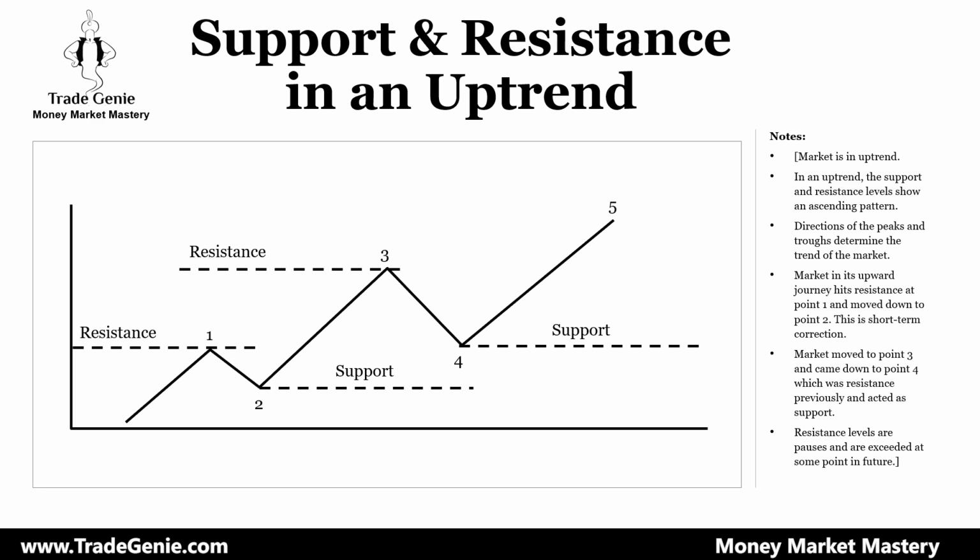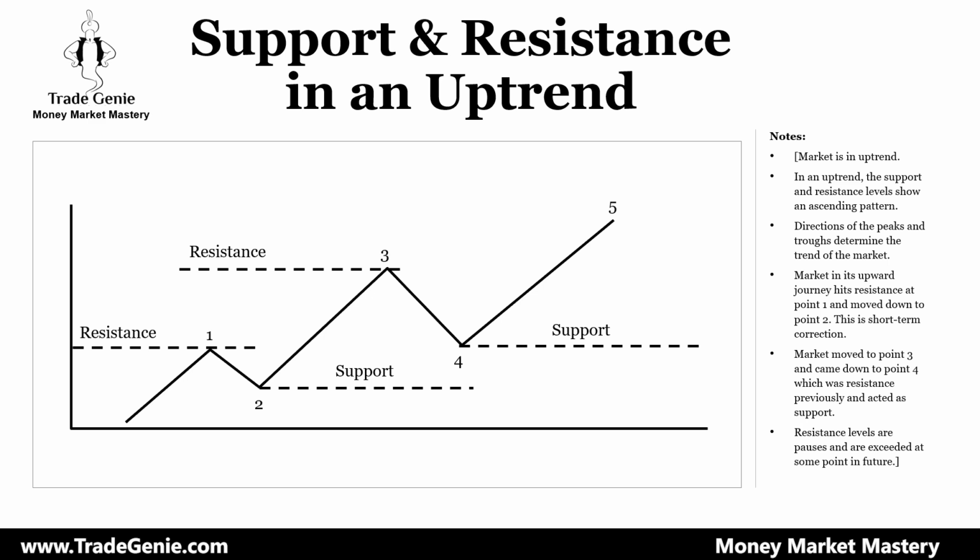Anytime you look for the proper price point to buy, let's say you're planning to buy something, you're looking for some kind of pullback, not just going and buying willy-nilly.